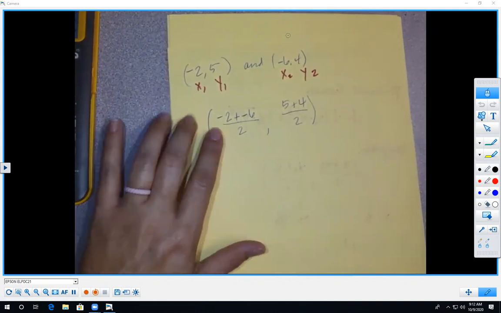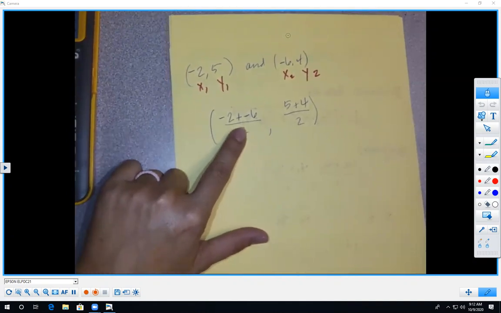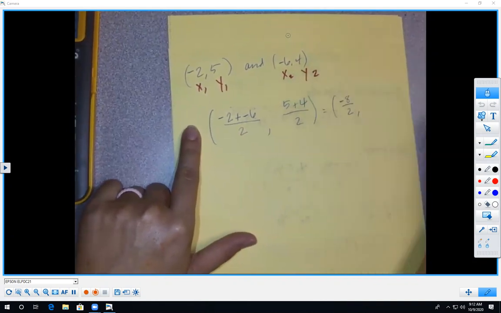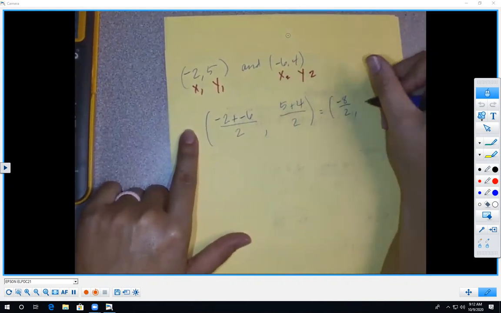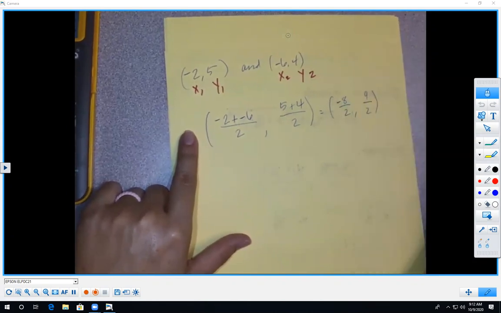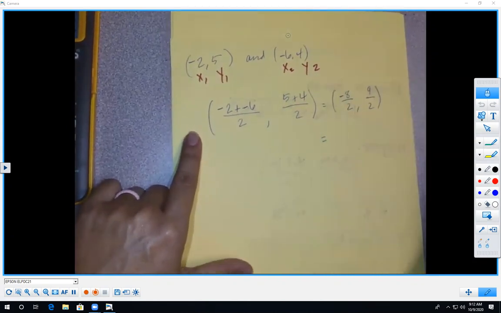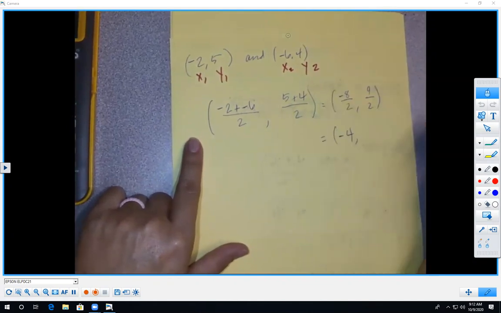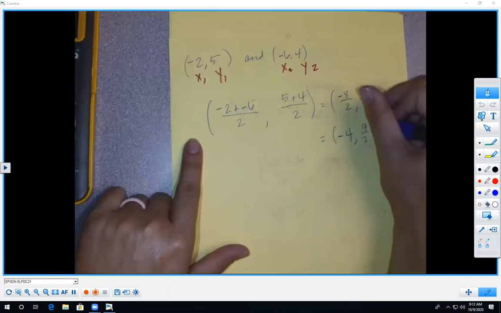And we can work these out. -2 plus -6 is -8, divided by 2. 5 plus 4 is 9 divided by 2. And we can simplify that. -8 divided by 2 is -4. 9 divided by 2, you could leave it as 9 divided by 2, or if you wanted to, you could write it as a decimal.